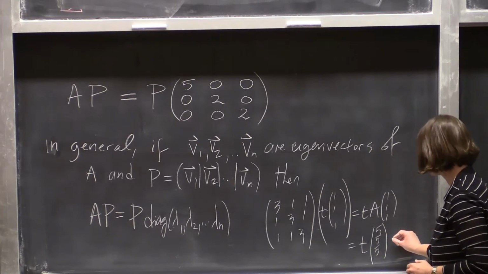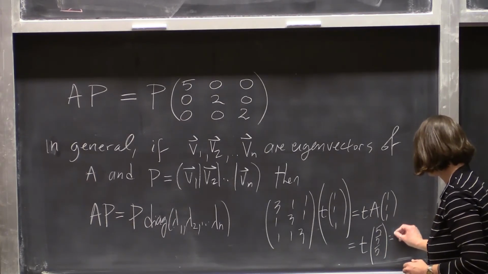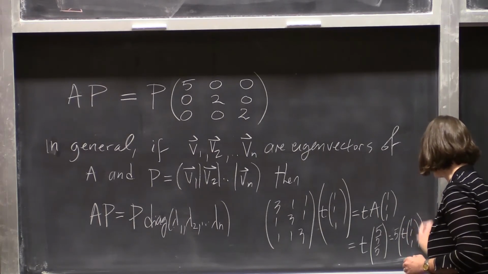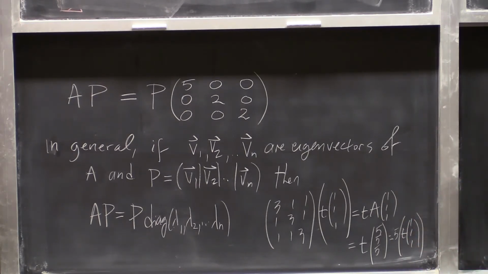So this is going to be 5 times t times 1, 1, 1. So 1, 1, 1 is an eigenvector with eigenvalue 5. What about pi, pi, pi? Is it an eigenvector with eigenvalue 5? Minus 20, minus 20, minus 20?